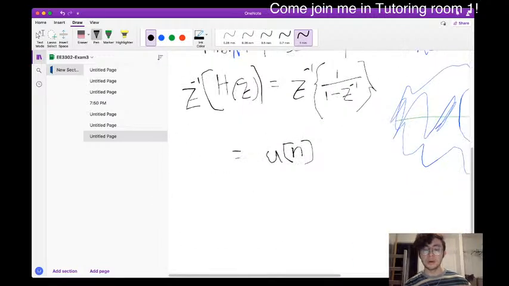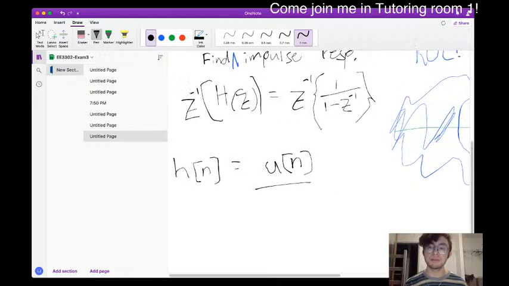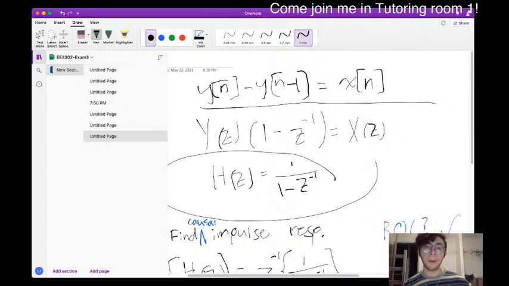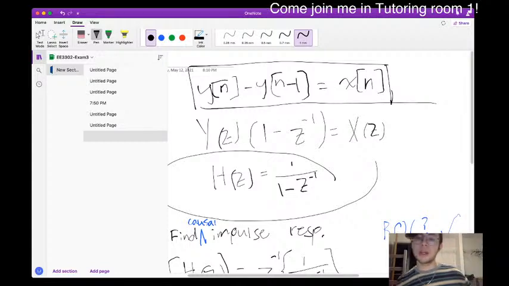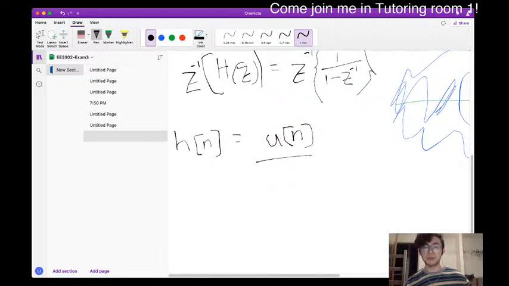So what do we learn here? We get h[n] is equal to the unit step function. What does this mean? Remember that we were given this discrete-time difference equation at first, and we get some impulse response. What do we do with a system's impulse response to apply it to a signal?